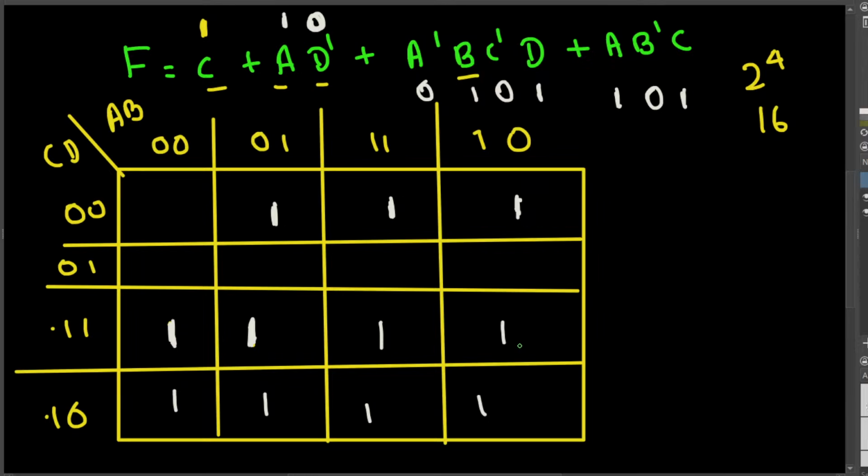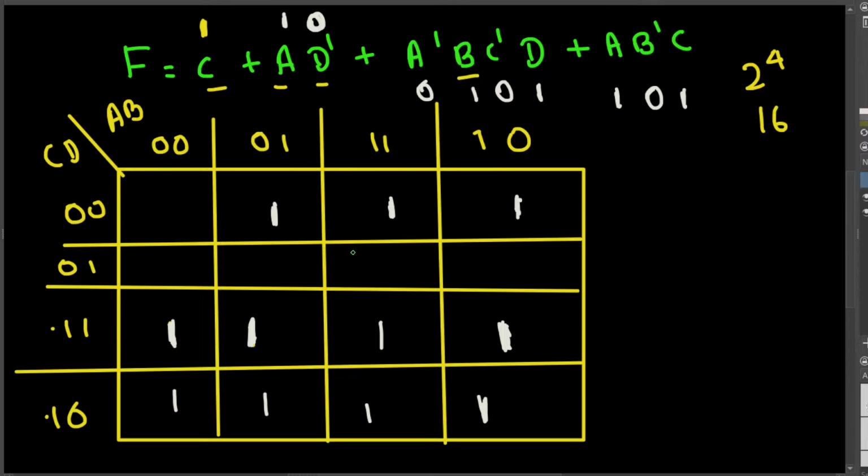And C is 1 only here. So when you have 3 variables, you also get a single location like this. We don't have any other possibility. Here A is 1, but B is 1 and it has to be 0, so we cannot take this. This is the only one, but it's already taken care of, so we don't have to worry. So those are the locations, and the others are going to be 0.